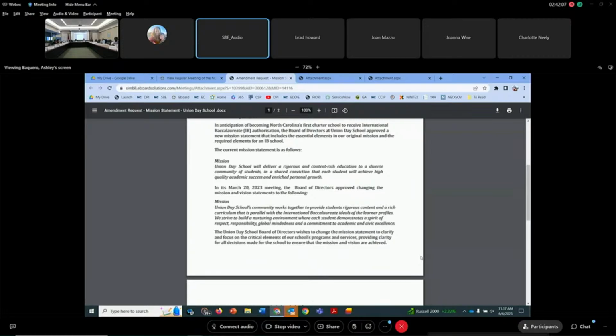The original charter mission statement is: Union Day School will deliver a rigorous and content-rich education to a diverse community of students in a shared conviction that each student will achieve high-quality academic success and enriched personal growth. The new mission statement that they are seeking approval for is: Union Day School's community works together to provide students rigorous content and a rich curriculum that is parallel with the International Baccalaureate ideals of the learner profiles.